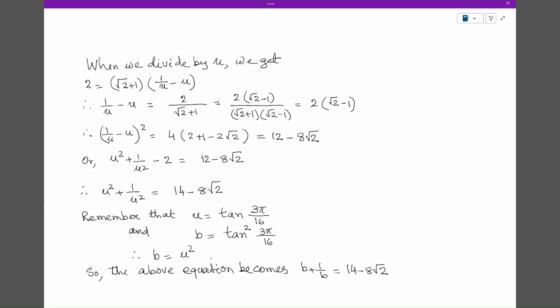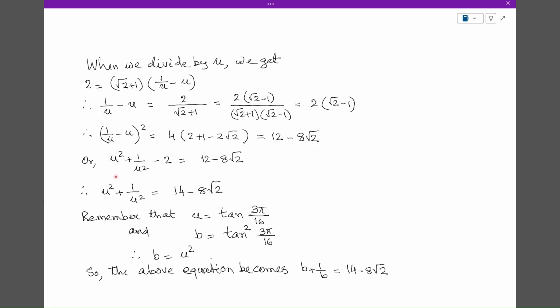By squaring both sides, we get 1 divided by u minus u whole square is equal to 4 multiplied by 2 plus 1 minus 2 root 2, which is 12 minus 8 root 2.